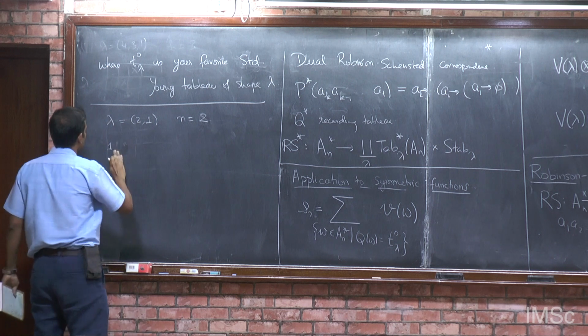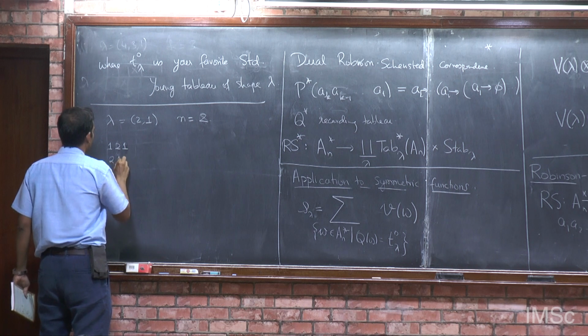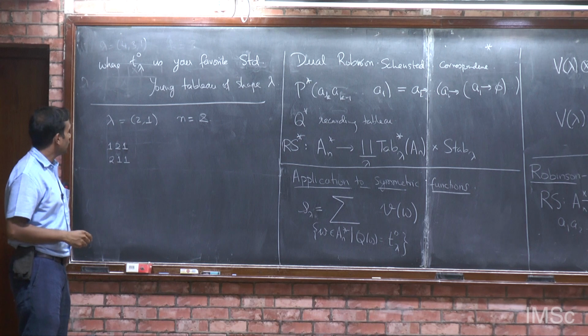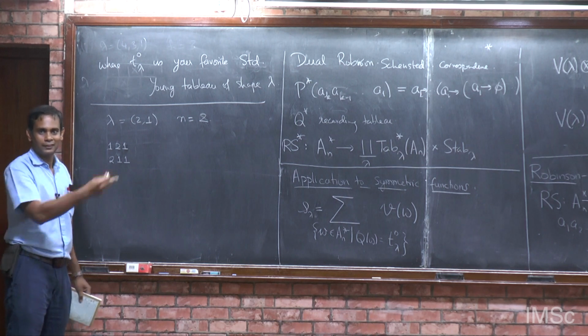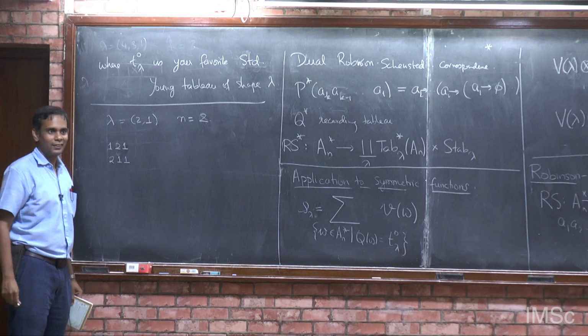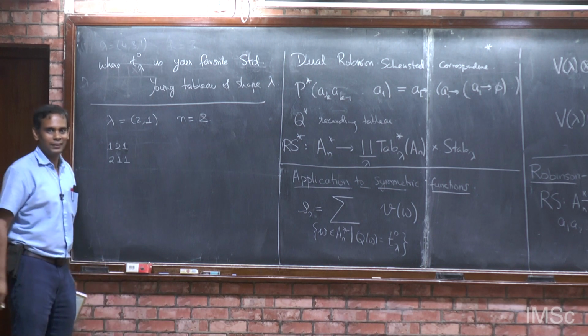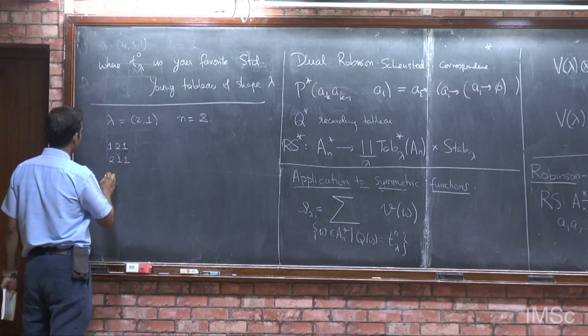So let us take 1 2 1, 2 1 1. I haven't fixed it yet. So your favorite one will appear here, or we will just see everybody has different favorites, so they will all appear. So these are a couple of words, and then there are maybe words like, no, that is a column, so that is not going to work.